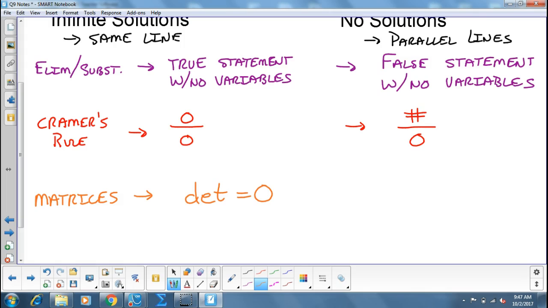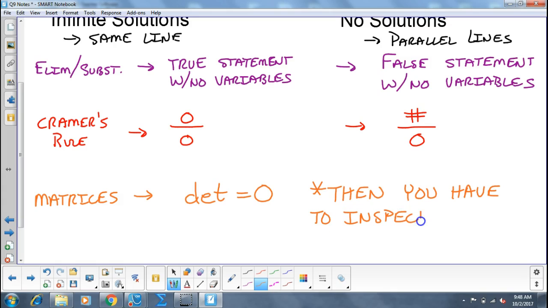So you would have 1 over 0 out in front of your inverse matrix, which doesn't work, because 1 over 0 is an undefined number. Then you have to inspect the equations.